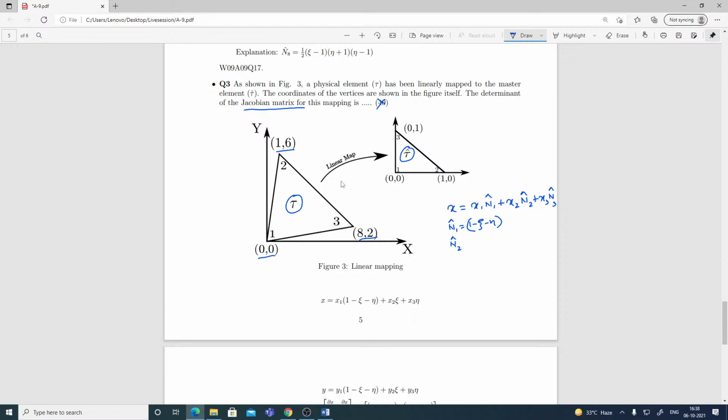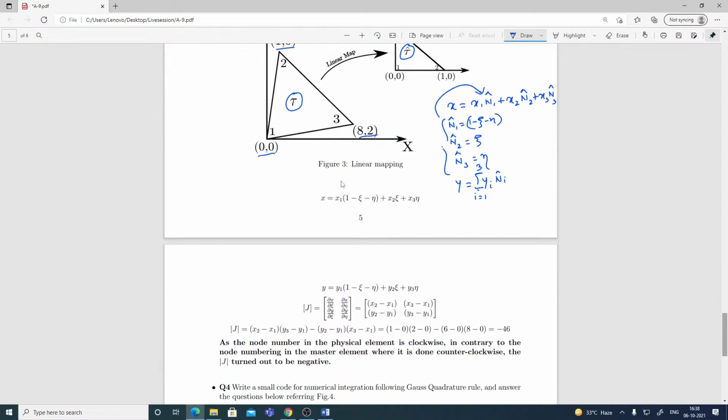N2 hat is basically xi, and N3 hat is basically eta. So these things we substituted here. Similarly, we wrote y equal to the sum of yi Ni, where i goes from 1 to 3, and we wrote these two expressions.